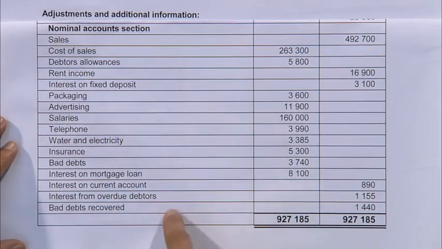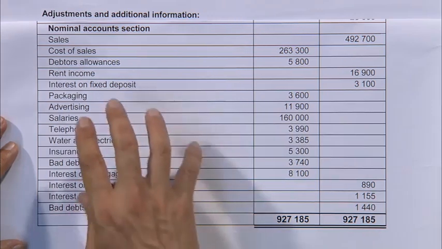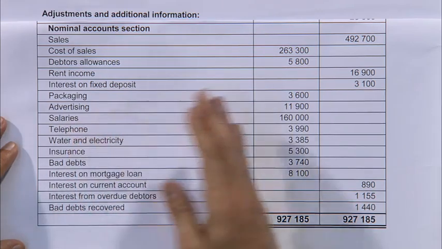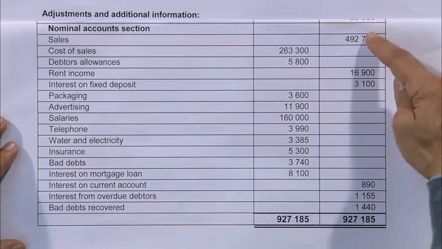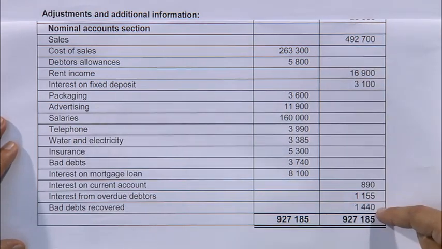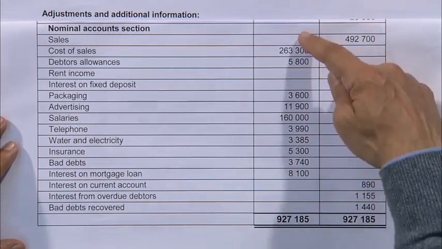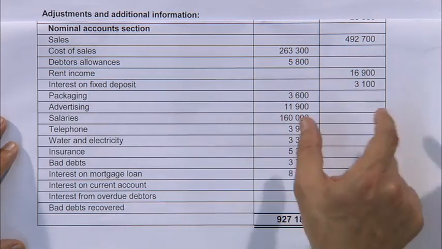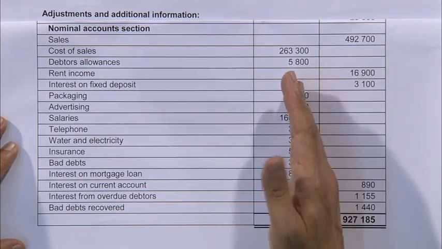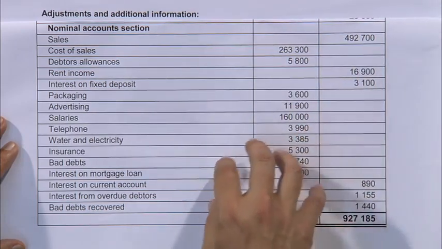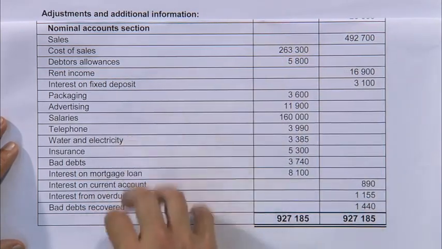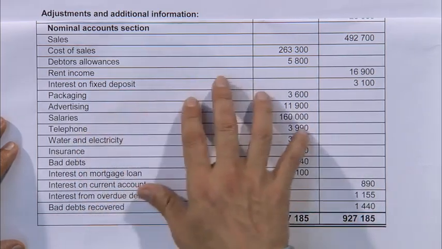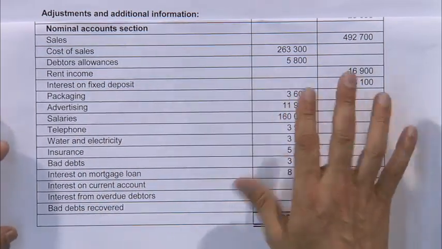The nominal account section accounts are separated between income and expenses, because income has a credit total and all the expenses have debit totals. The difference between the income and the expenses will tell you whether you're making a profit or a loss. And for that, we have to prepare the statement of comprehensive income, which is also called an income statement.